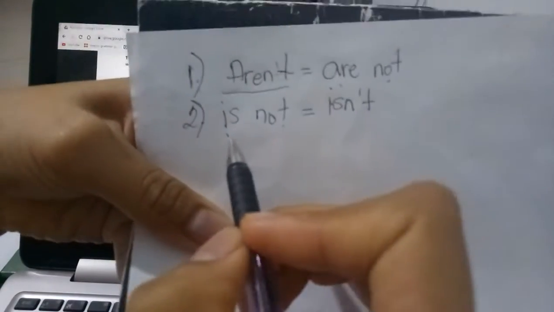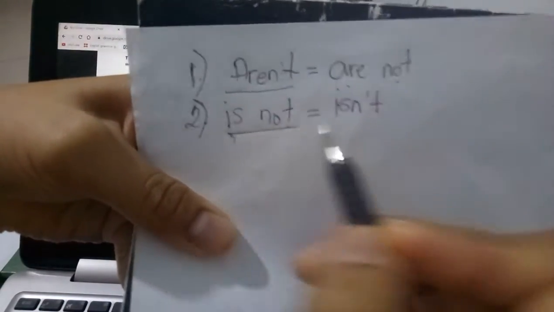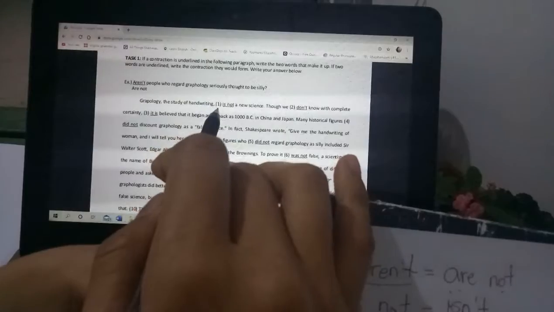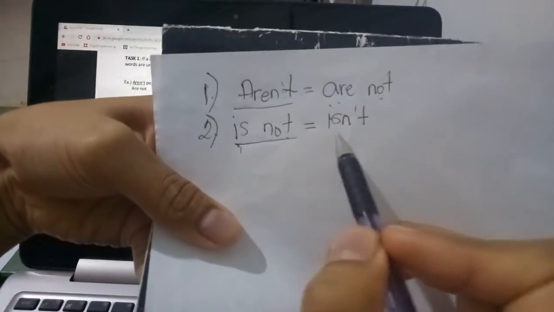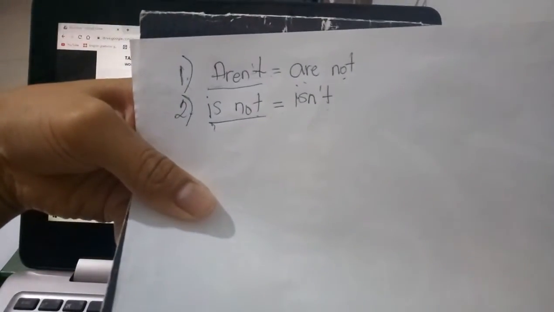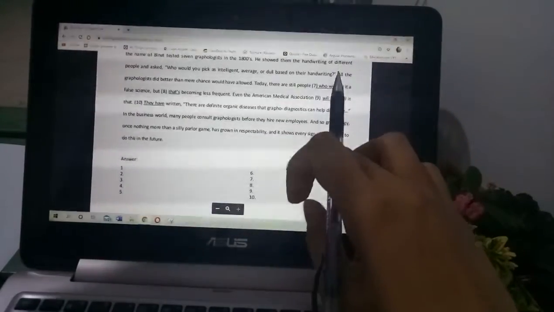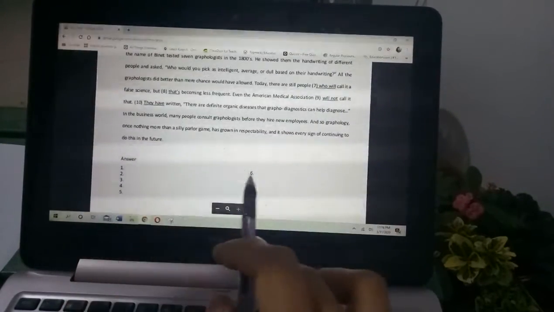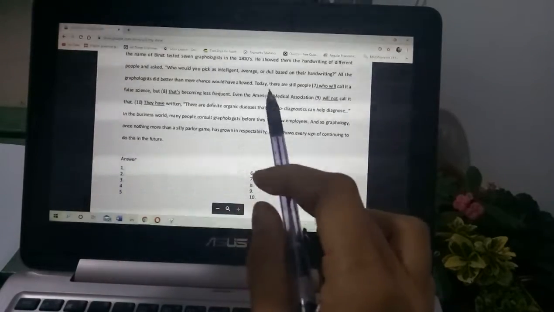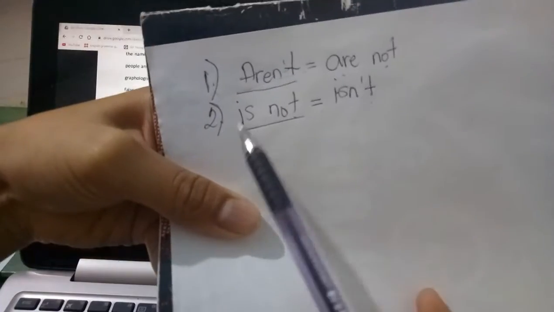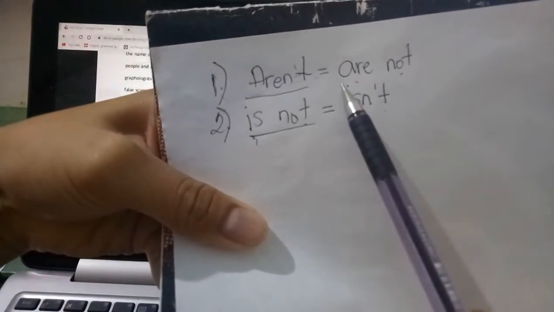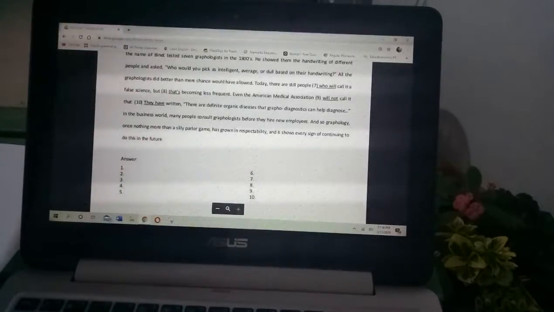There are 10 of them underlined in the paragraph, so you have to write the underlined contraction or underlined words and the equivalent answers. So that's for activity 1.